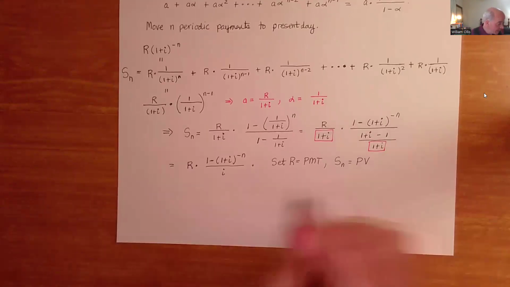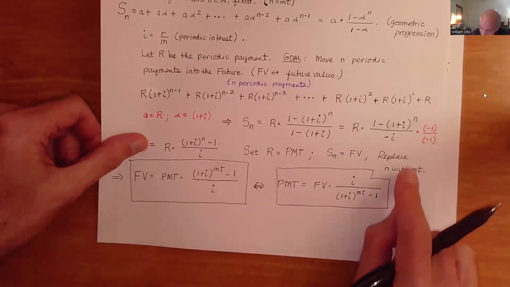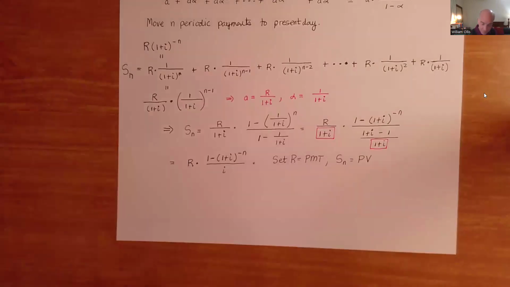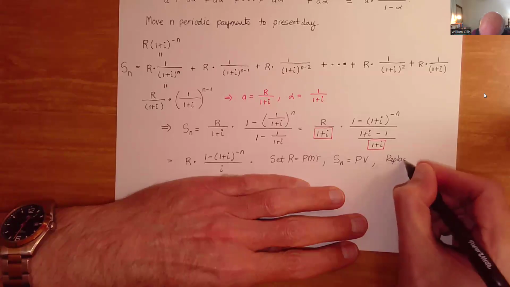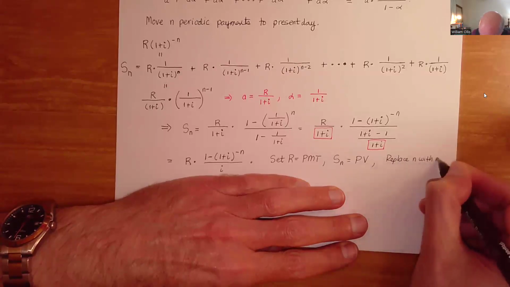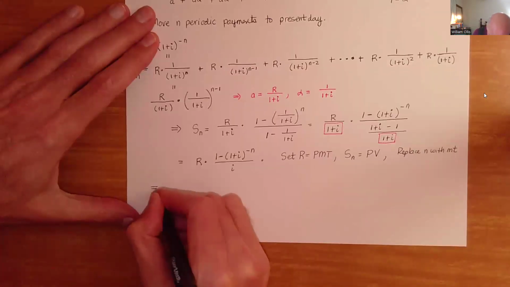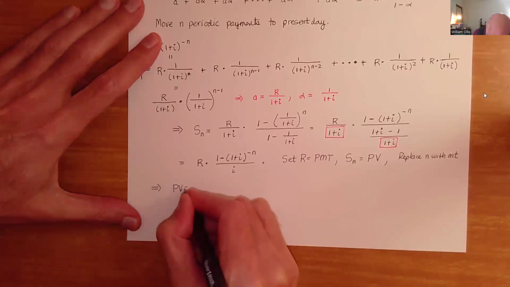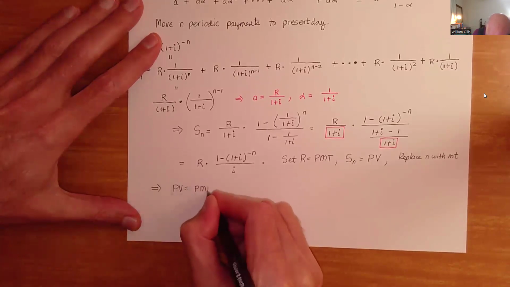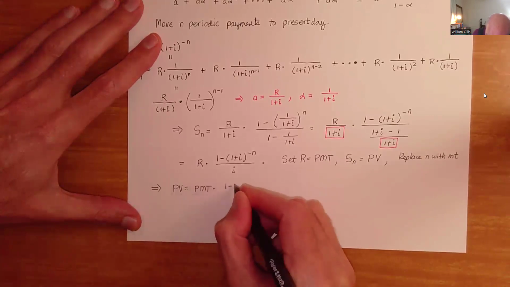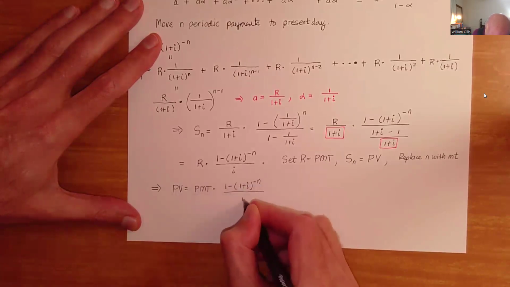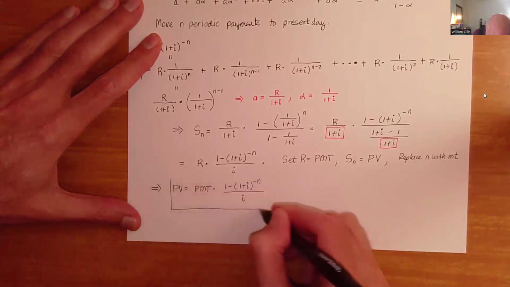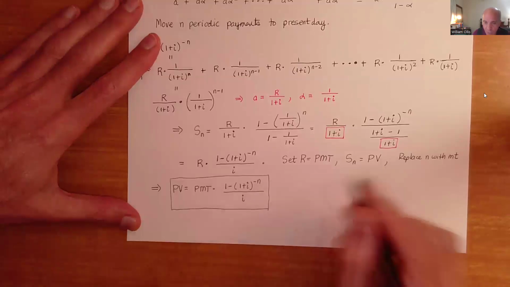So again, when we think about this and we think about what we did for the last one, we'll go ahead and replace N with MT. So this gives us present value is payment times 1 minus 1 plus I to the negative n divided by I. So again, notice here, we didn't do the minus 1 divided by the minus 1 because we didn't have the overabundance of negatives.